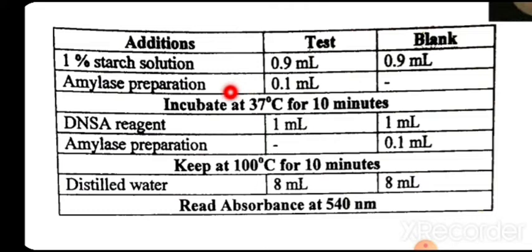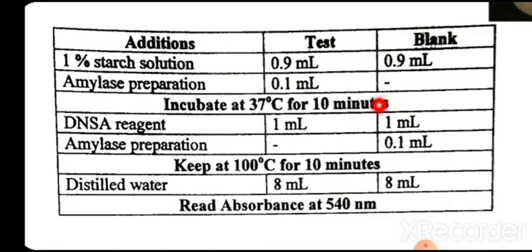Then the enzyme catalyzed reaction is allowed to proceed for 10 minutes at the appropriate temperature. Here the optimum temperature is 37 degrees Celsius. So this preparation is mixed and incubated at 37 degrees Celsius in a water bath for 10 minutes.